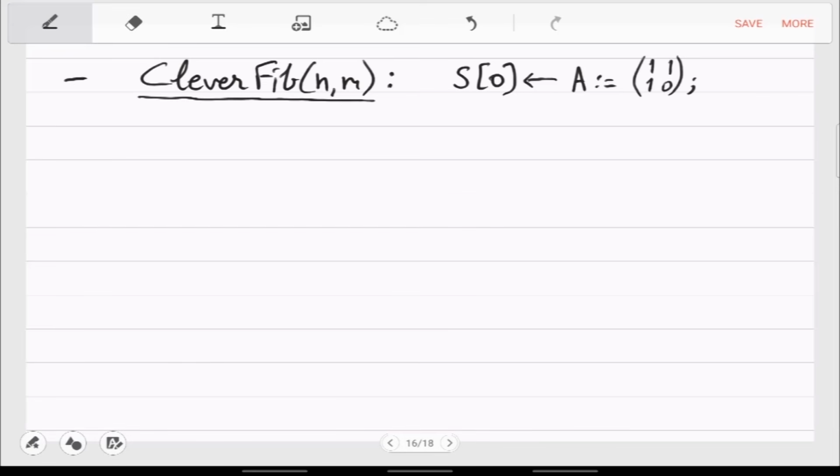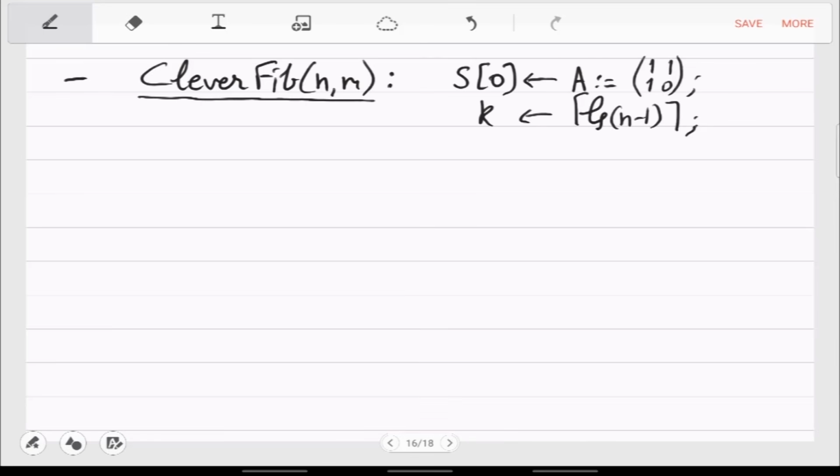And let us take k to be the ceiling of log of n minus 1. This is the maximum power of 2 that we want to reach. We want to calculate A raised to n minus 1.